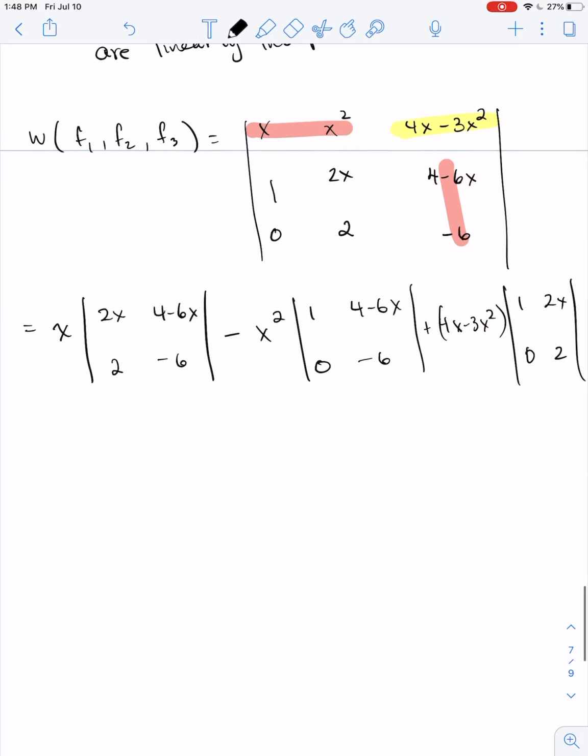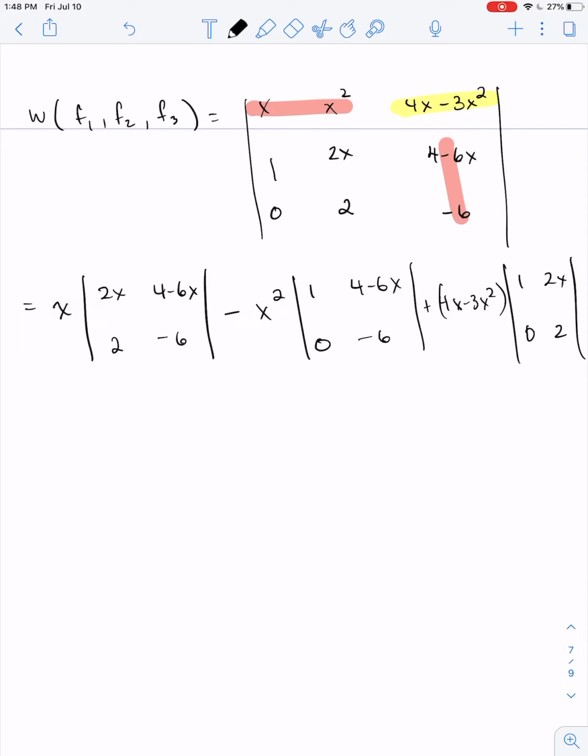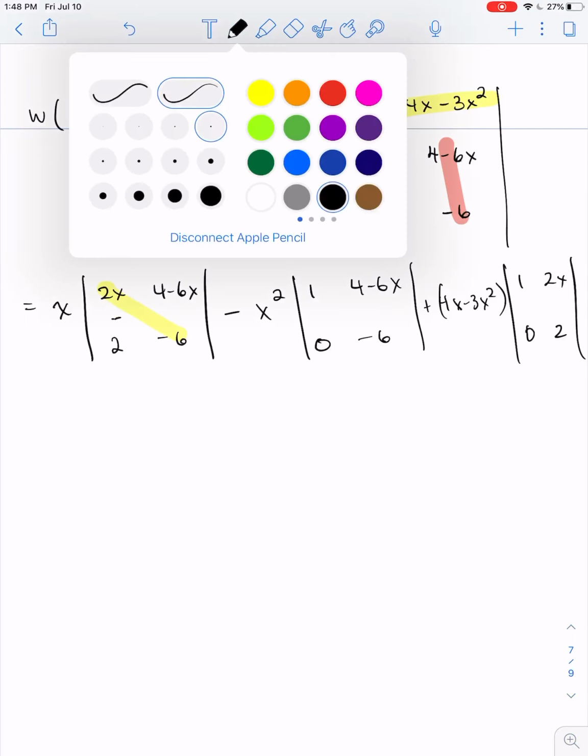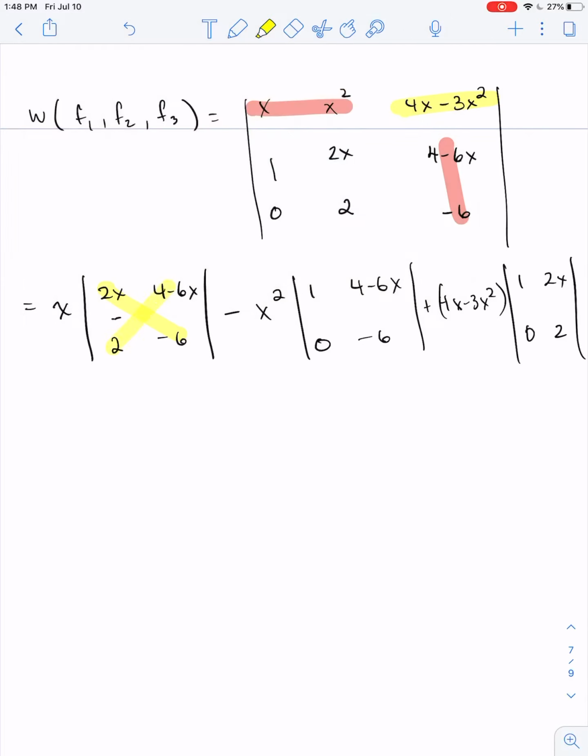Okay, so now when you're doing a determinant, you're basically just saying, I'm going to multiply those two together and then subtract and multiply these two together. So almost like a cross multiplying thing. So it's going to look like this. 2x times negative 6, so negative 12x, and then minus 8 minus 12x, like that.